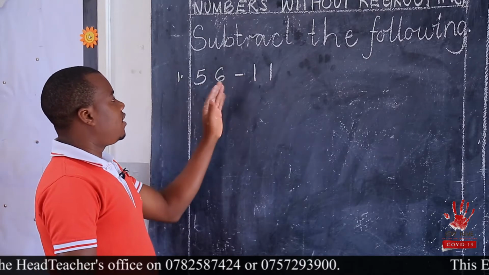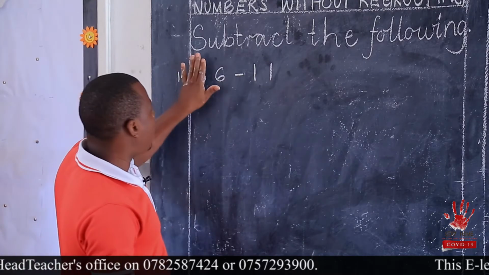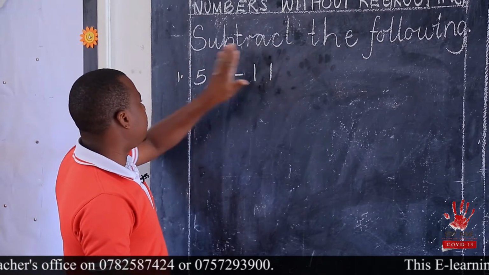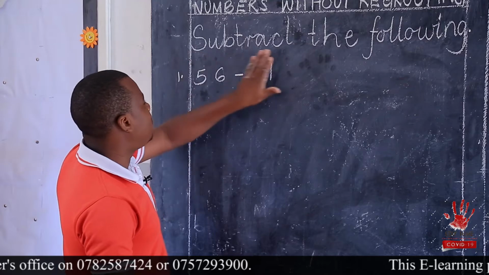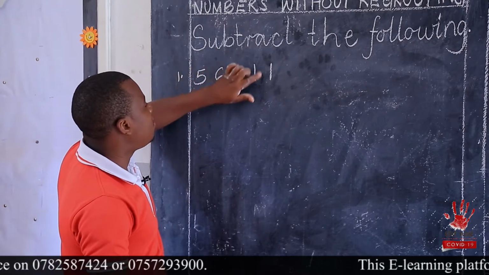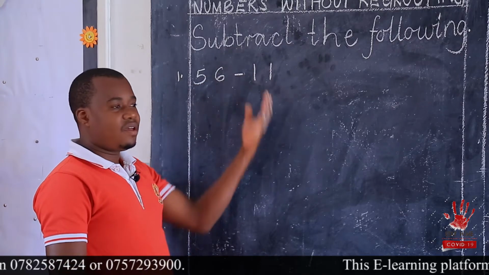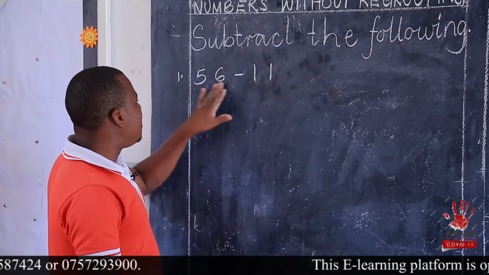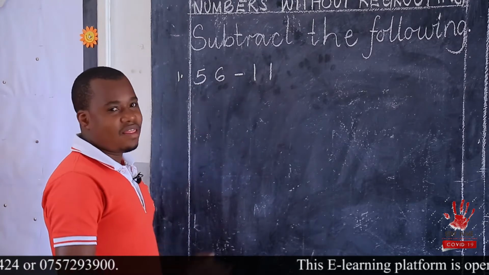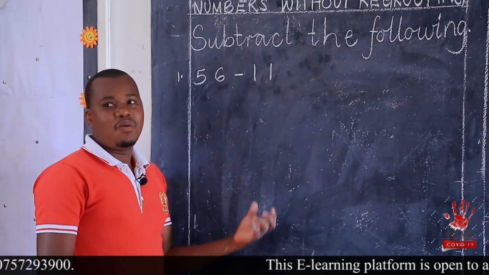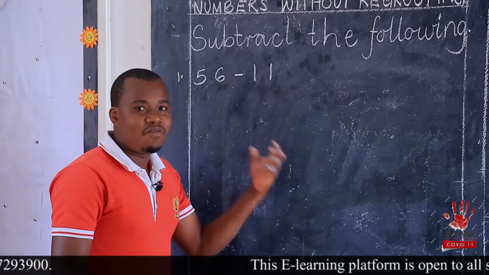Unless it was one digit and one digit, like if you have 6 take away 1, that one you don't even need to arrange vertically. You'll just give the answer. But if the digits on a number are more than one, we usually calculate vertically.